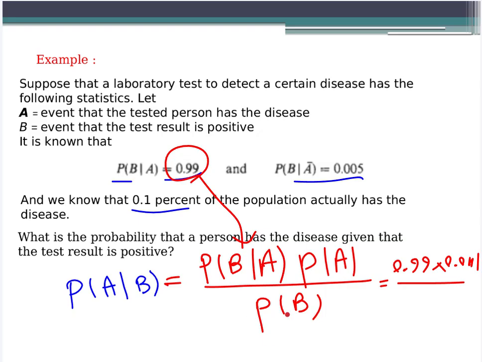Divided by the probability of B. What's the probability of B? For computing the probability of B, we have the probability of B given A, and also we have the probability of B given A bar.